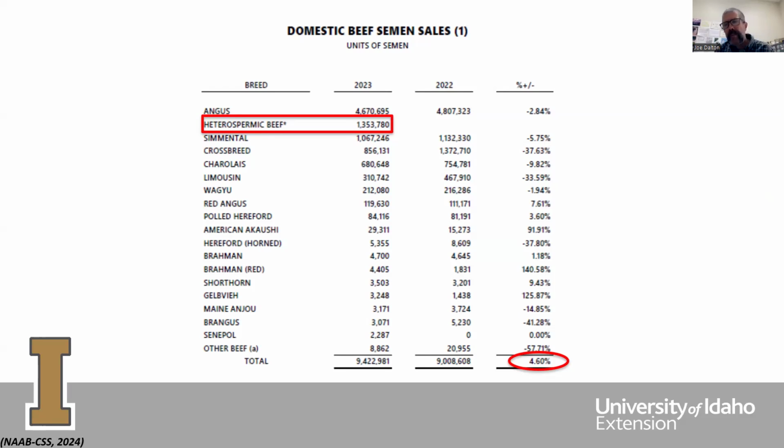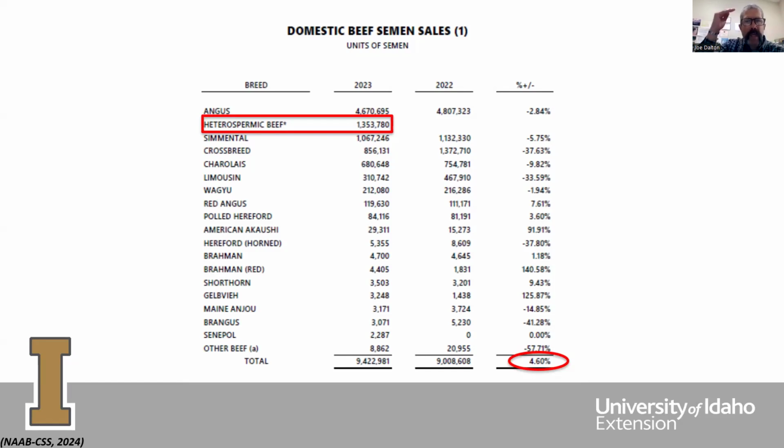So as we look at this chart, the furthest column on the left is breed, and then we have the year 2023 as we go to the right, and then 2022, and then we have percentage change plus or minus.